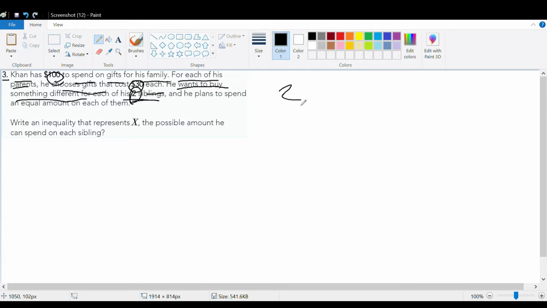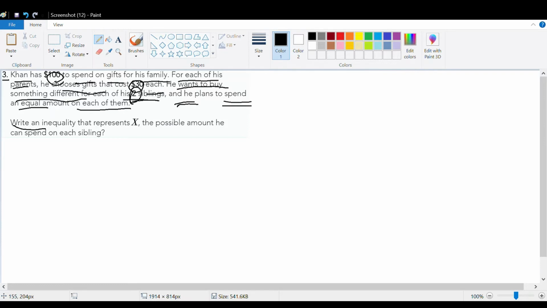So he has two siblings and two parents. What I mean is just one pair of parents, but two people, because in one pair of parents there are two people. And he plans to spend an equal amount on each of his siblings.